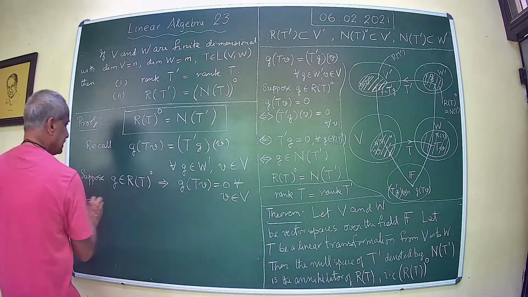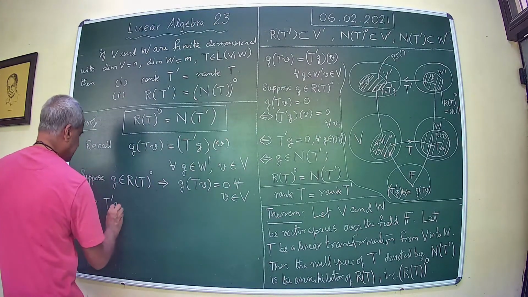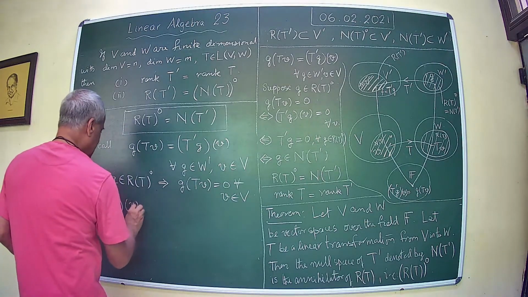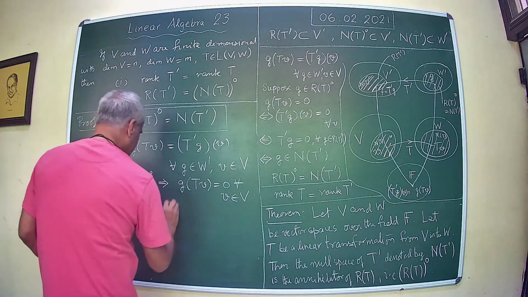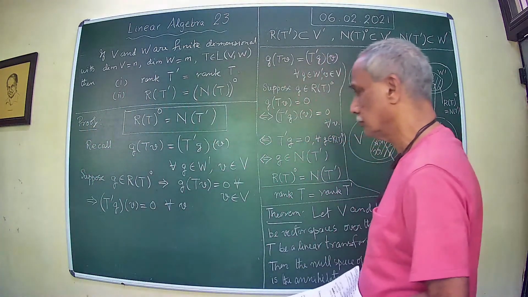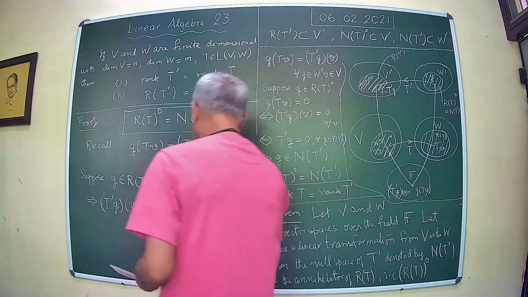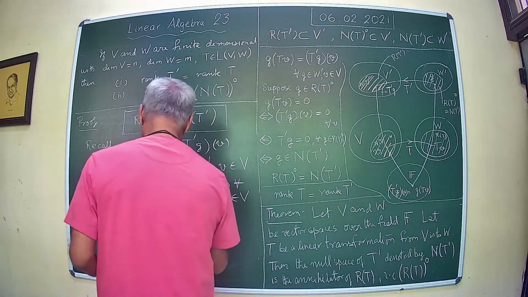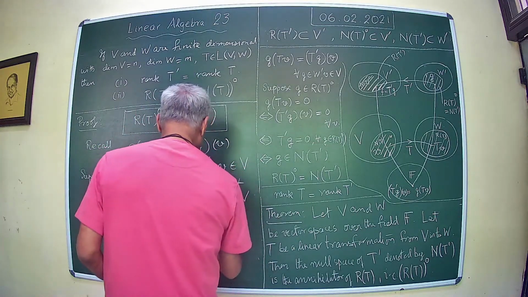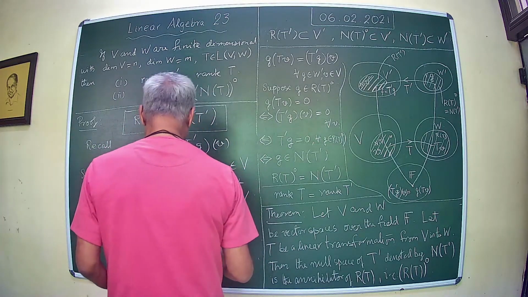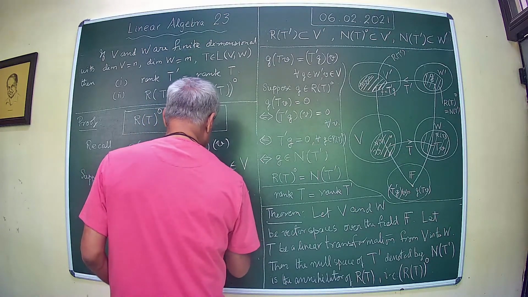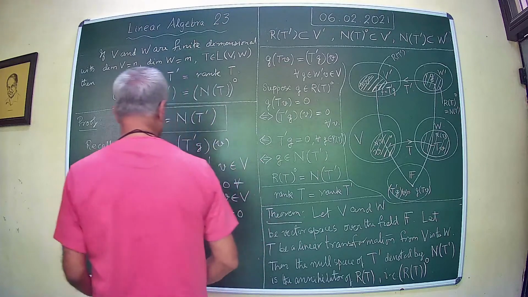That implies T prime of g of v equal to 0, which implies T prime of g equal to 0.